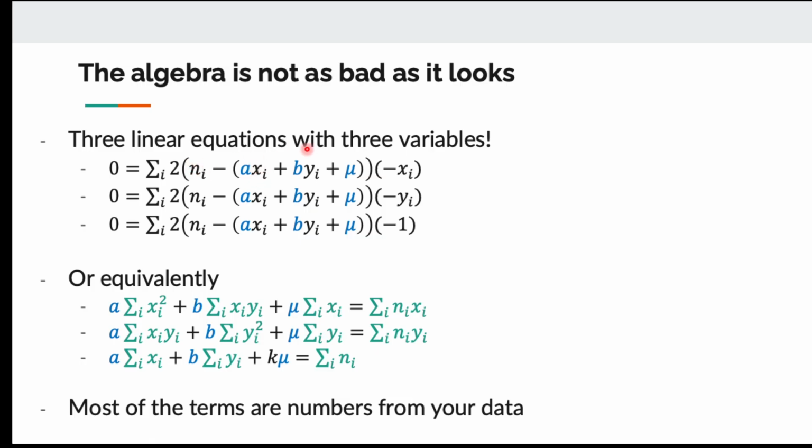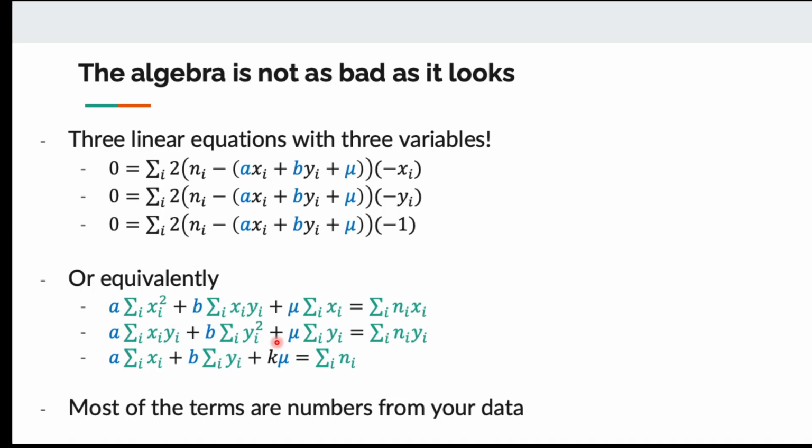You have the position of the probe as numbers. So the n, the x, and the y are just going to be numbers that you get. The only parameters that you have to solve are A, B, and mu. And now you have three linear equations with three unknowns. You know how to solve it. We are not going to do it here, but you know how to solve it.